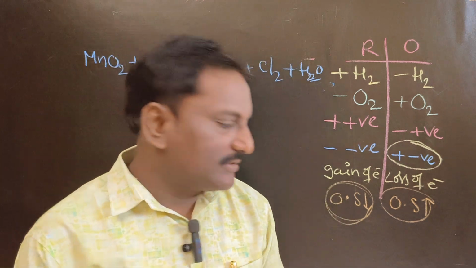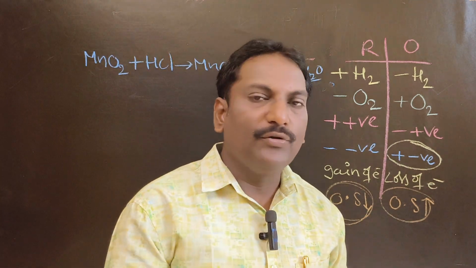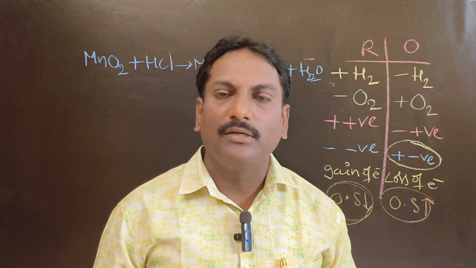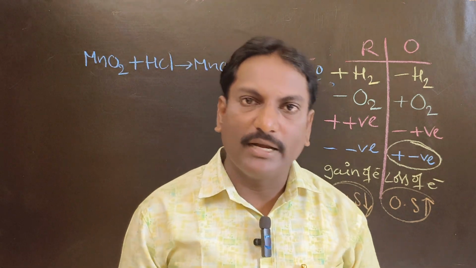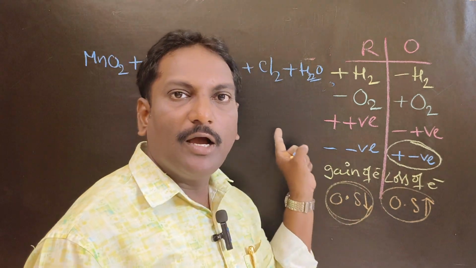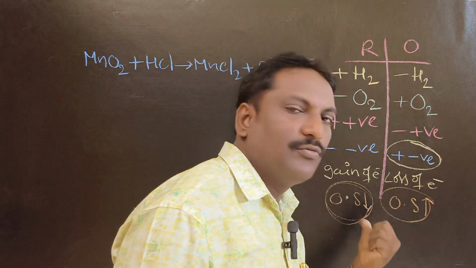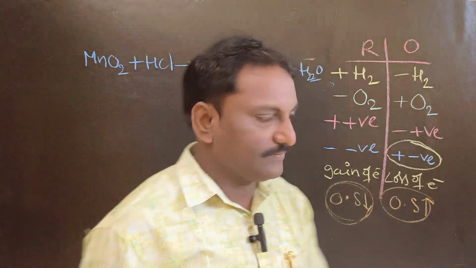But according to CBSE, no need to discuss this one. But I would like to say, if you know the oxidation numbers, then it is very easy to identify which one is the oxidation and which one is the reduction. So for this example, I am going to use oxidation numbers or oxidation states.